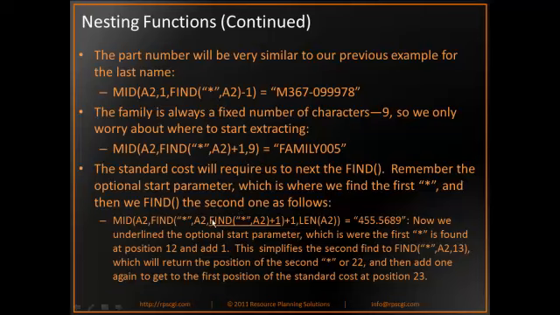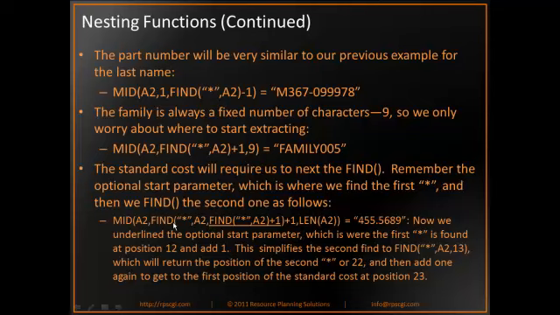So this find is going to find the first asterisk, which is the asterisk that was in between the material number and the family. It's going to add 1 to it, or move it to the same position of the F here. It's going to move it 1 character past the first asterisk, which is where this F is, and then it's going to start searching from here forward, and it's going to find the second asterisk, which is in between the 5 in the family name and the 4 in the standard cost. So that's what this part of the find will do.